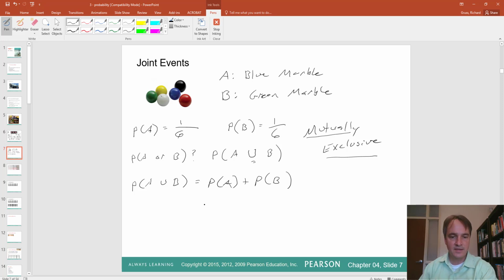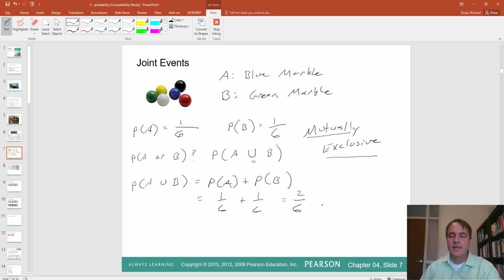Okay, so in this case, this would just be 1 out of 6 plus 1 out of 6, so 2 out of 6. Okay, so this property of mutual exclusivity makes it possible to simply add these two up when we're interested in coming up with the union, the probability of A or B.